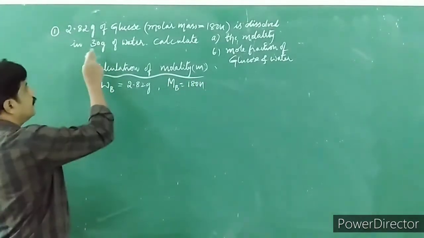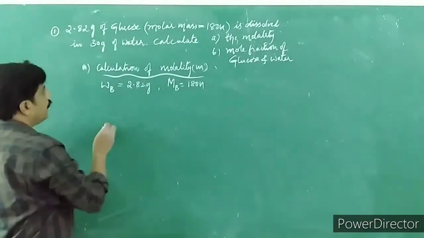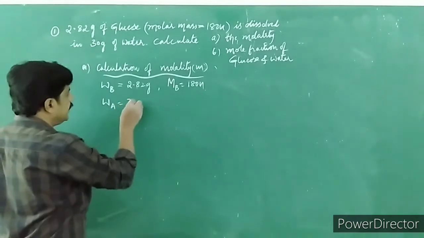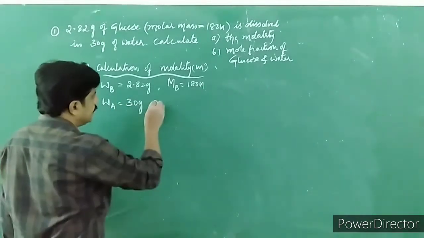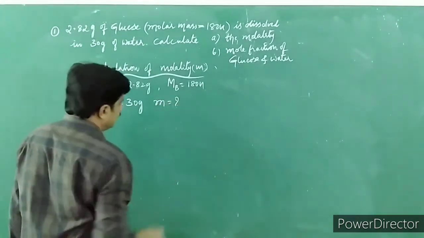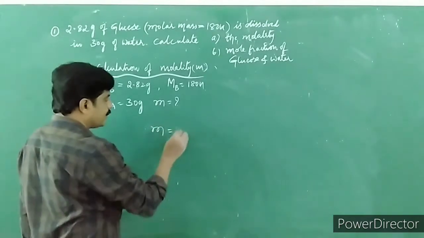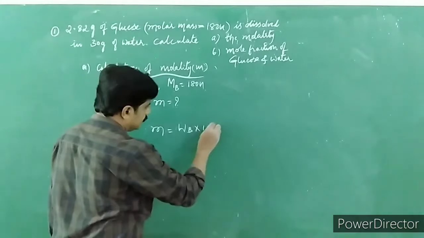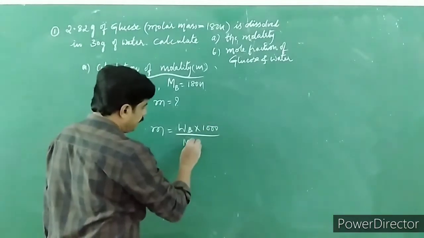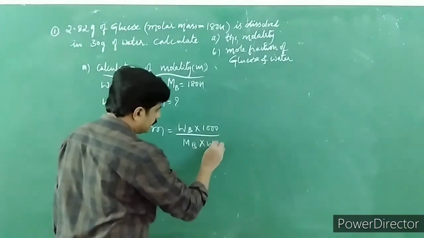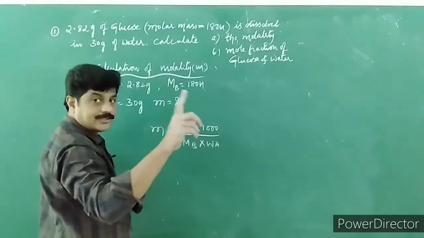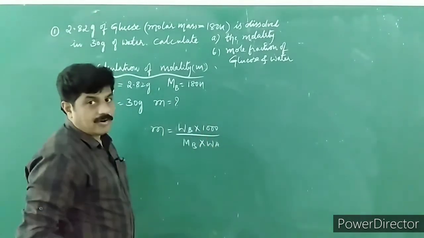The weight of water, the solvent, is 30 grams. What are they asking? They are asking molality. And you know the expression: molality is equal to WB into 1000 upon MB into WA. Remember, we always take capital B for the solute and capital A for the solvent.